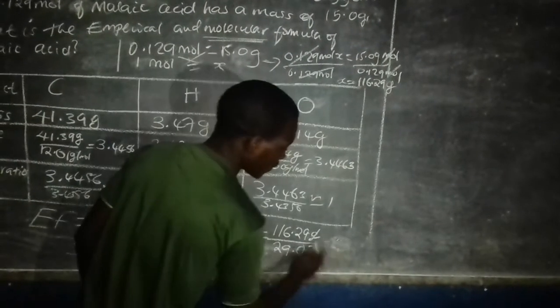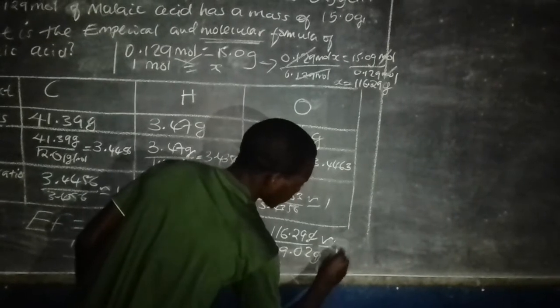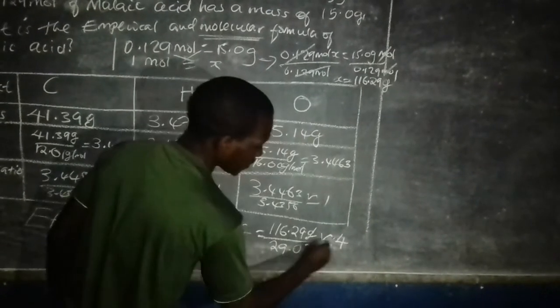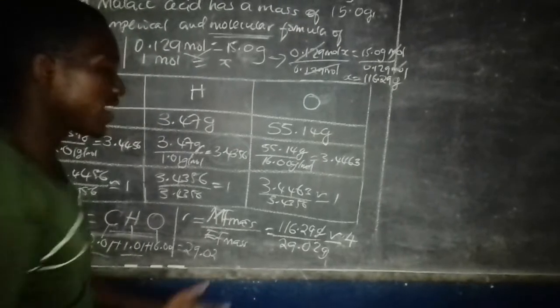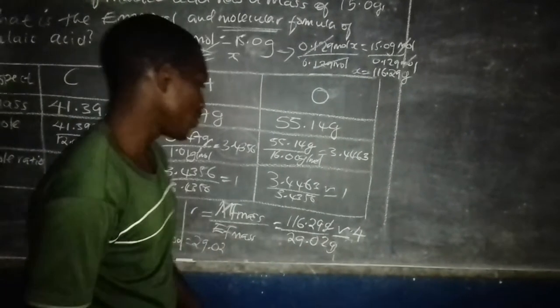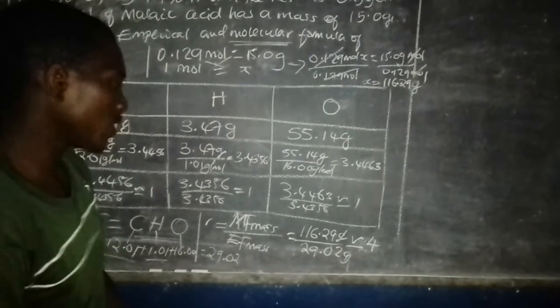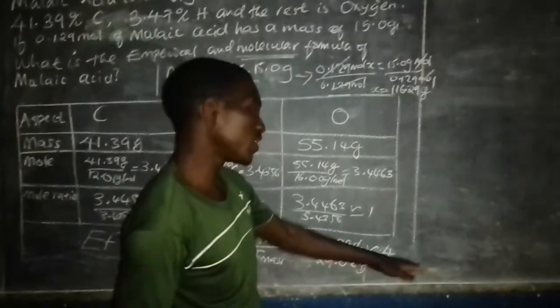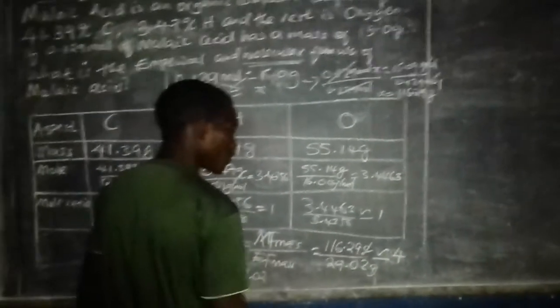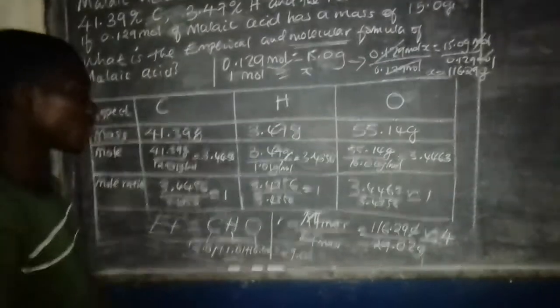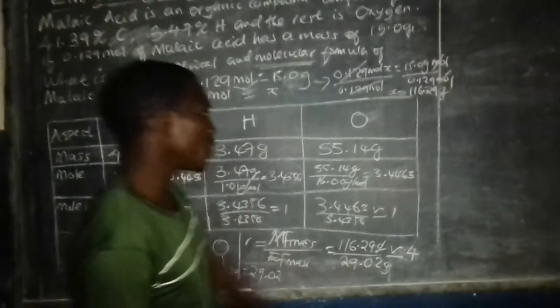That means it's really 4. I had some ideas that this could be more than just 4. So it's approximately 4, or we can just say it's equal to 4, there's no problem. So that is the mole ratio.